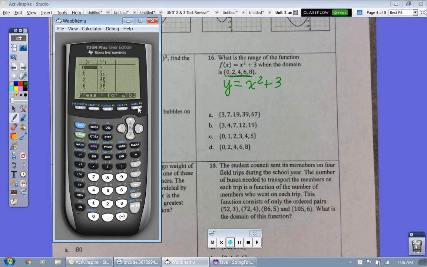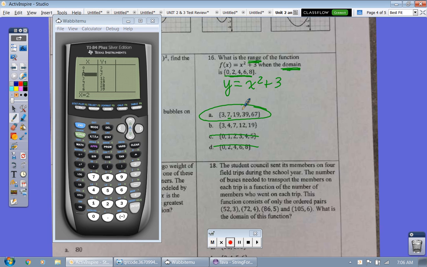So now we can look when x is 0, because these are my x's. They're telling you when the domain or the x's are these, it's asking what are the ranges, what are the outputs. So when x is 0, y is 3, so I can cross out C and D. When x is 2, our next number is 7 for the y, so our answer is A.